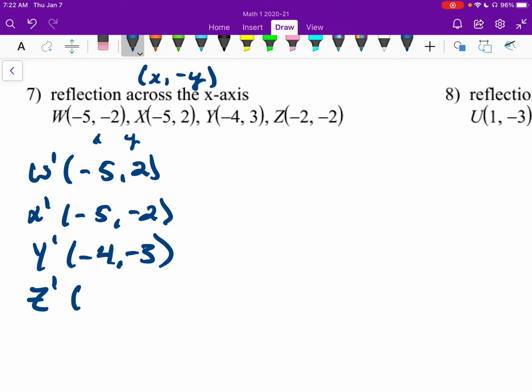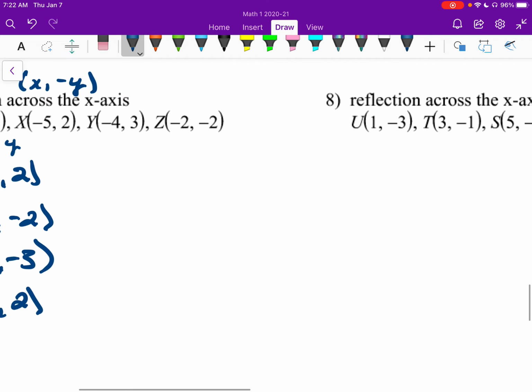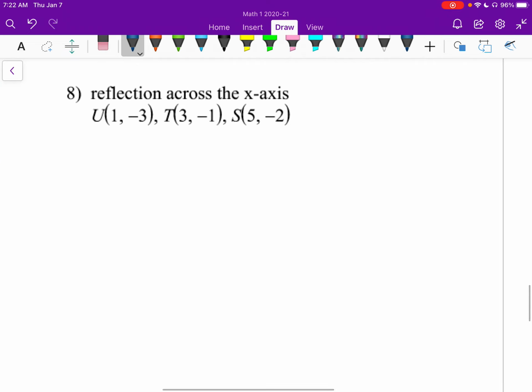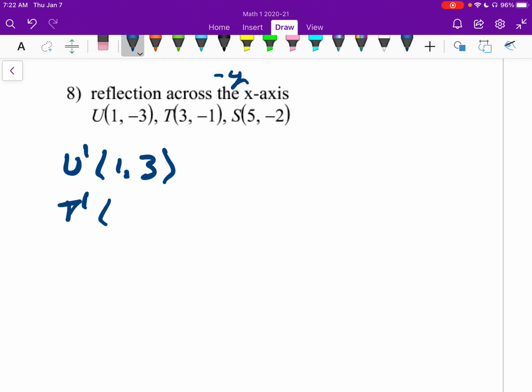And Z prime will be negative 2, 2. All right, last up, number 8. Again, we're doing the x-axis, so this is going to have a negative y. So U prime is going to be at 1, 3. T prime is at 3, 1. And S prime is at 5, 2. And there we are.